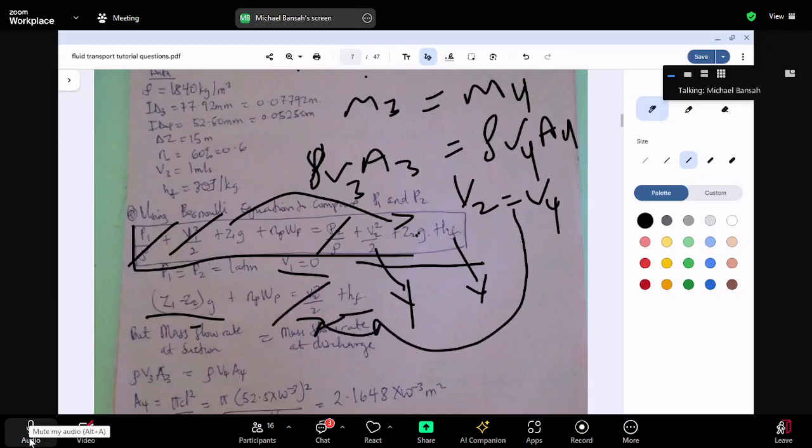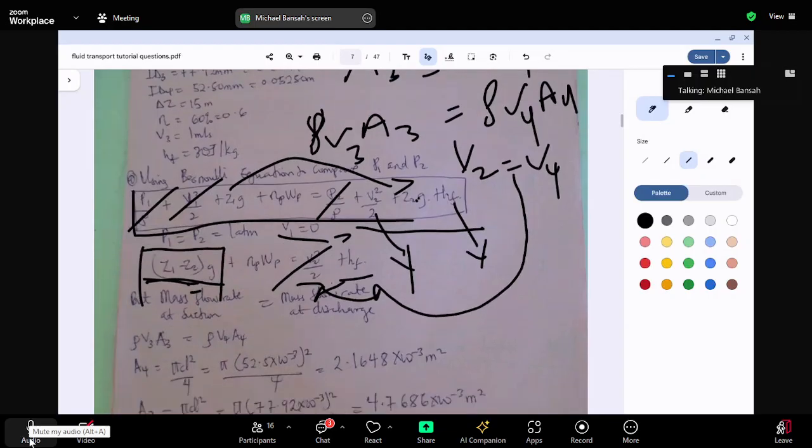So if V2 is known, then what will be left? Z1 and Z2, the difference is change in Z. So change in Z, we said is 15. It should actually be Z2 minus Z1. When you do it, you get a negative answer. They will negate it in their solution.